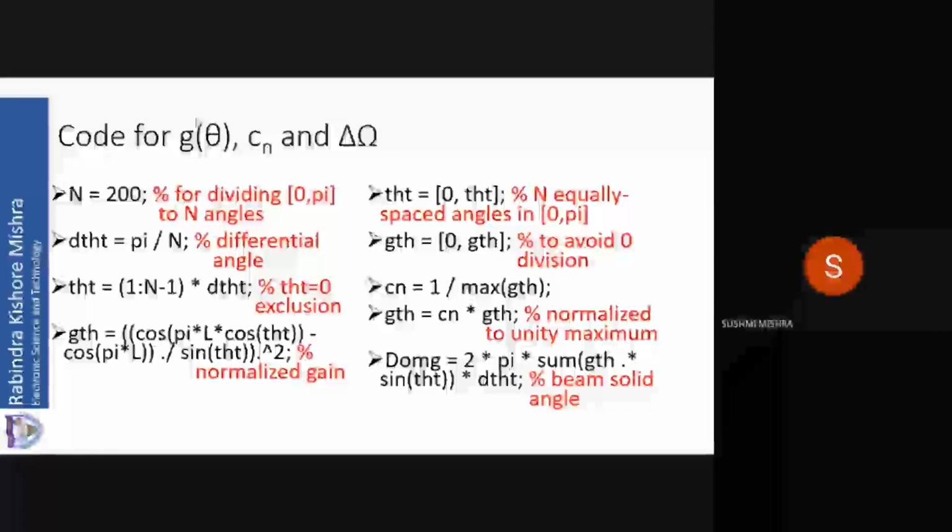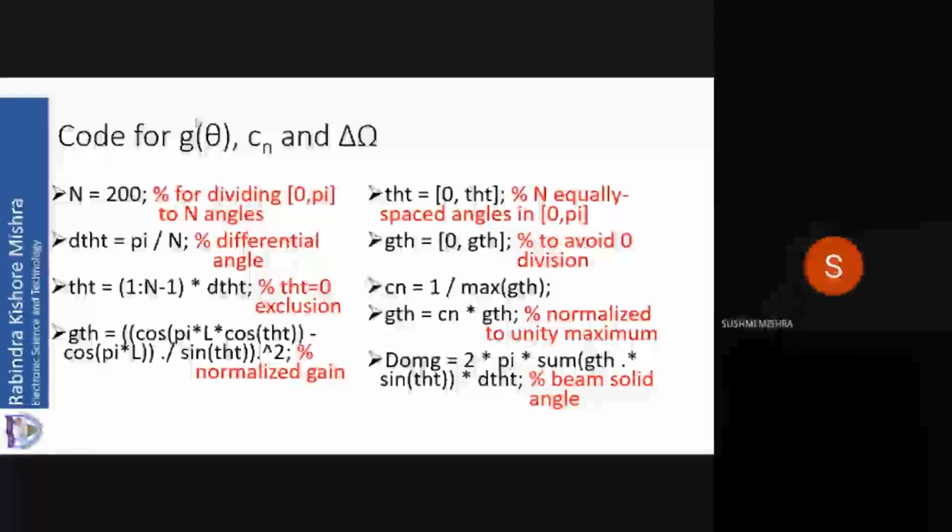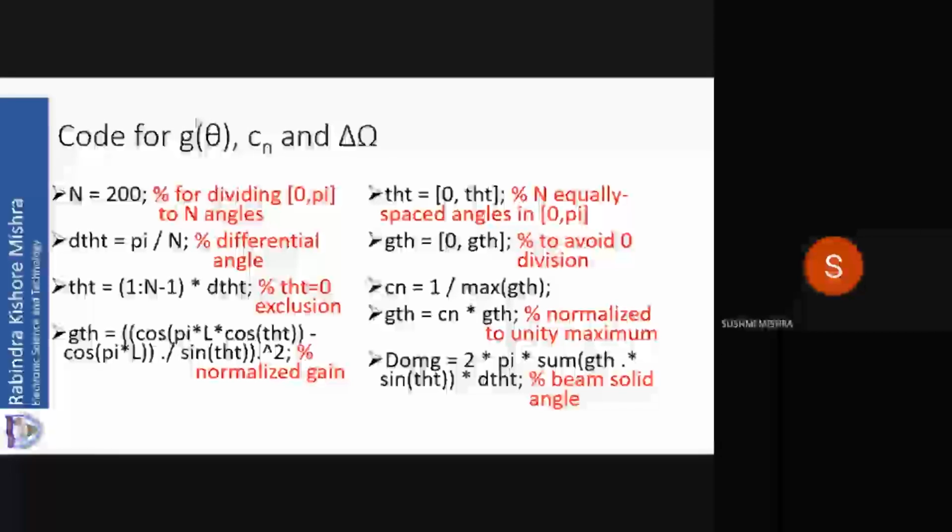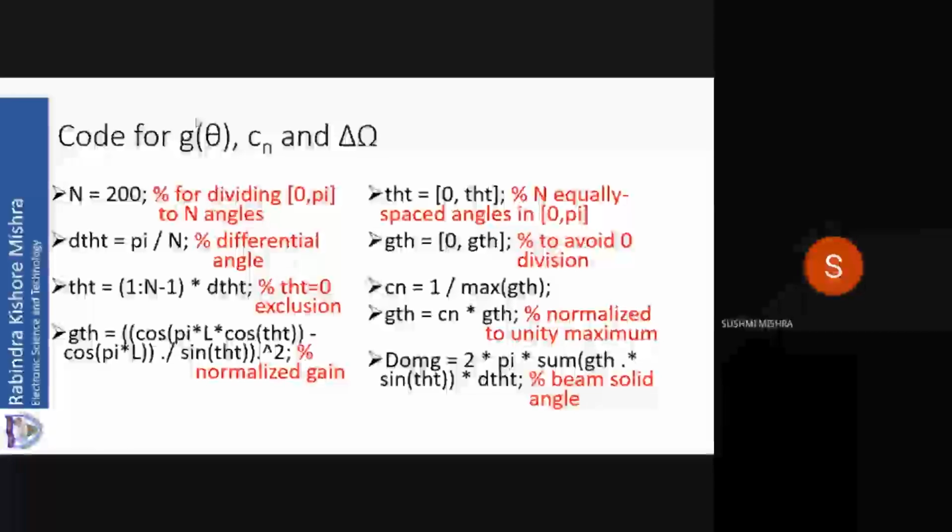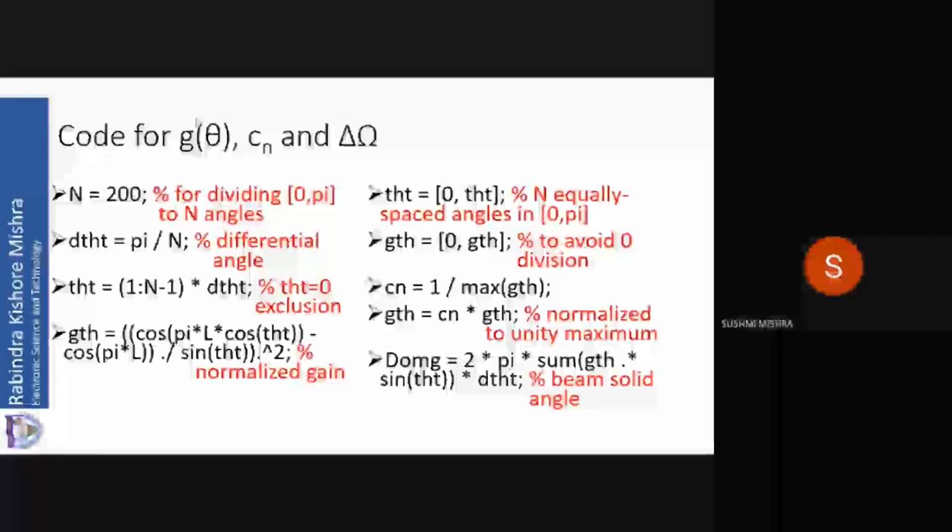So that is how I get Gth, which is the normalized gain. This is the expression for normalized gain. Then what we had done is we had excluded 0 in the theta. Now let me include 0. Why? Because already we have calculated Gth.